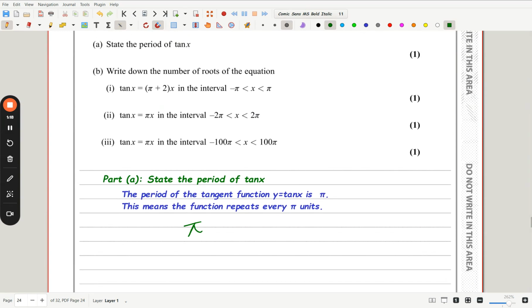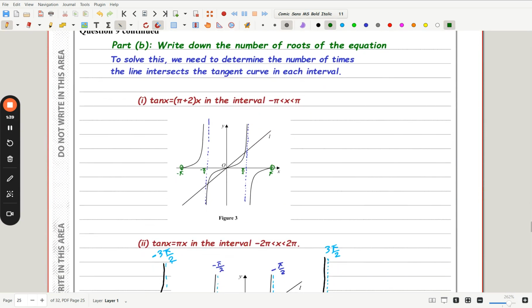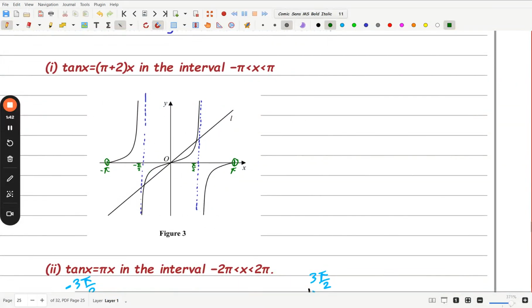For part B, write down the number of roots of the equation. Here we find how many times they intersect. We have tan x and the straight line y equals pi plus 2x in the interval x greater than minus pi and less than pi. You can see tan x equals pi plus 2x in the interval minus pi to pi.